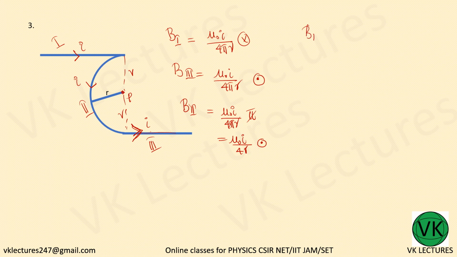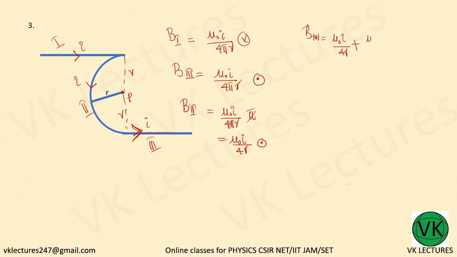Okay, so what will be the total effect? B total will be equal to, first we are considering the outward direction, so mu 0 I by 4r, plus, here also one more same direction magnitude is there, mu 0 I by 4r.